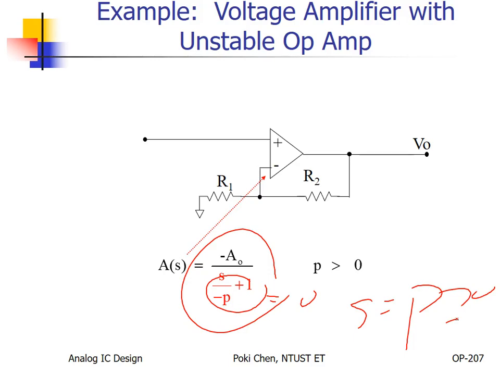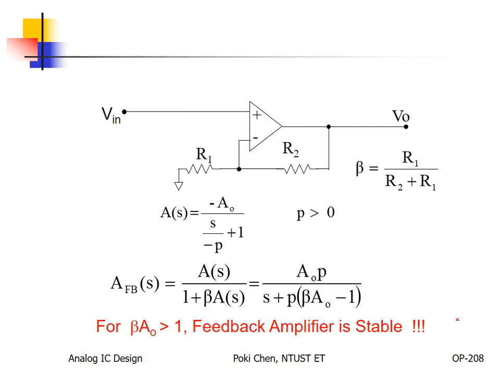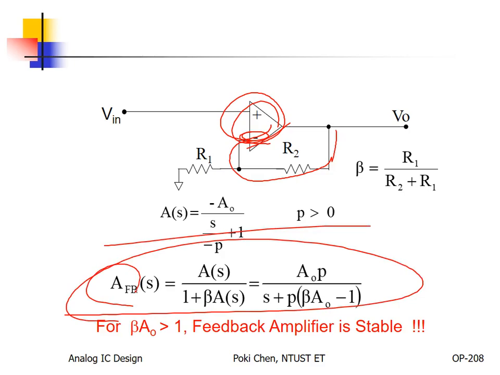It means what? Unstable, right? Be brave. Let's go for it. This one is unstable, but we put the unstable op-amp in such kind of negative feedback circuit. So after analysis, finally, the overall gain for the feedback circuit looks like this.